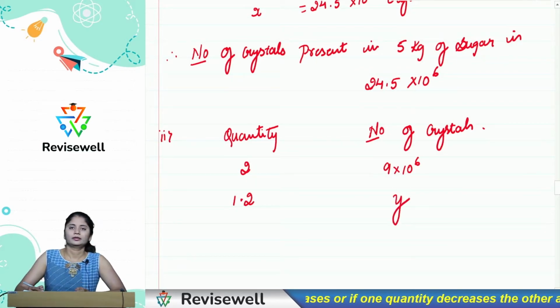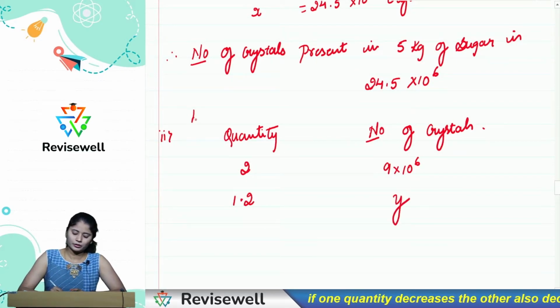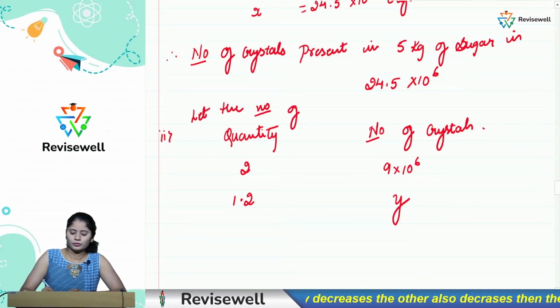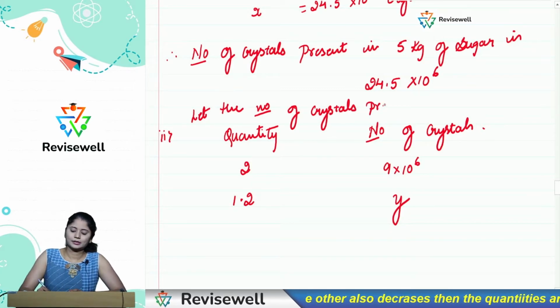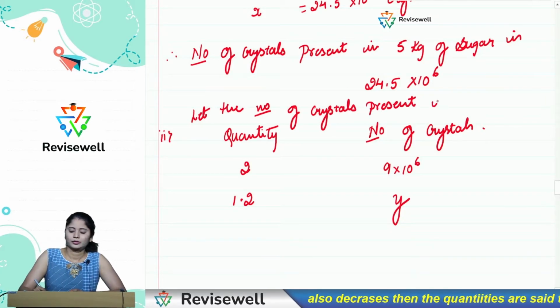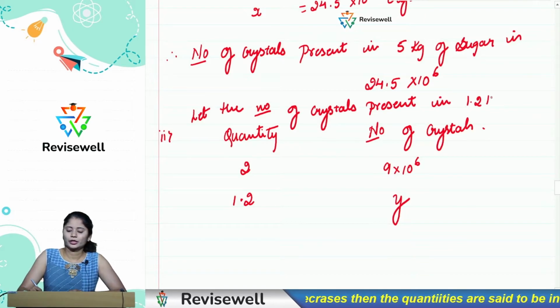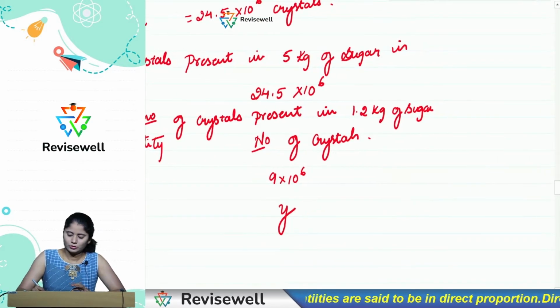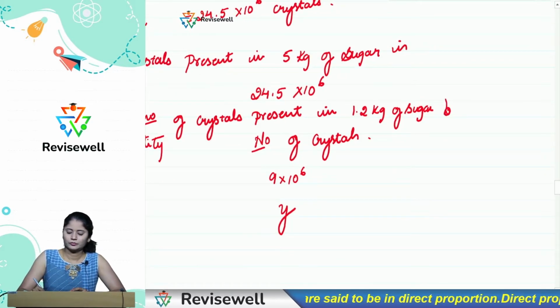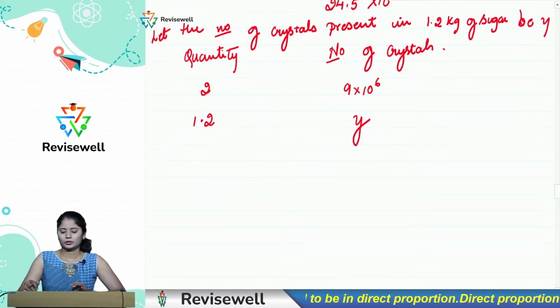So 1.2 kgs of sugar contains y crystals. So let me mention here, let the number of crystals present in 1.2 kg of sugar be y.